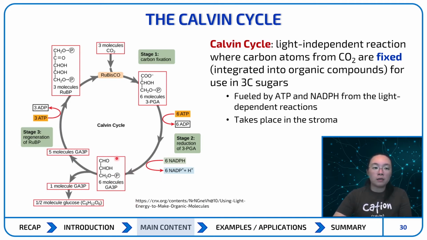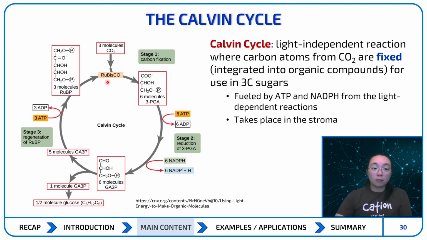In step 3, we have regeneration over here. Some G3P molecules go to make glucose, and others are recycled to regenerate the RuBP acceptor. Regeneration requires 3 ATP. So note that in order for 1 G3P to exit the cycle and be used for glucose synthesis, 3 carbon dioxide molecules have to enter the cycle to provide 3 new atoms of fixed carbon.